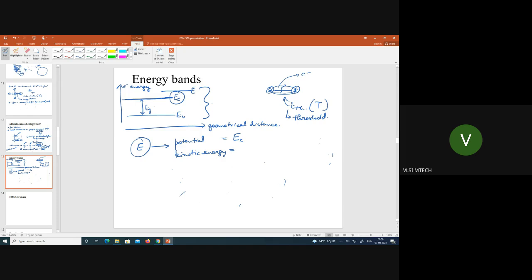Anything other than EC, anything extra that this electron may have, is essentially the kinetic energy. So it is okay for the electron to move and expend this kinetic energy, and it will then just fall back to EC. That is it.